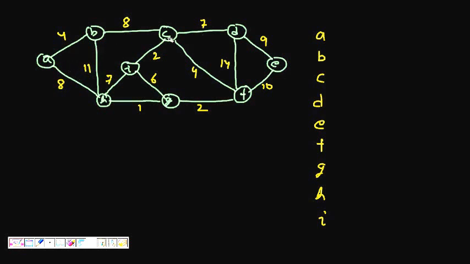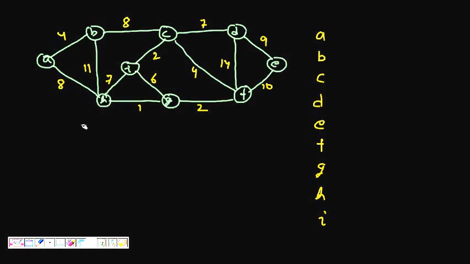How many nodes are there? A, B, 2, 3, 4, 5, 6, 7, 8, 9. So we have 10 nodes. Now I want to connect all the nodes with minimum weight of edges. If we are using a greedy approach, what comes to our mind is let's sort the edges.